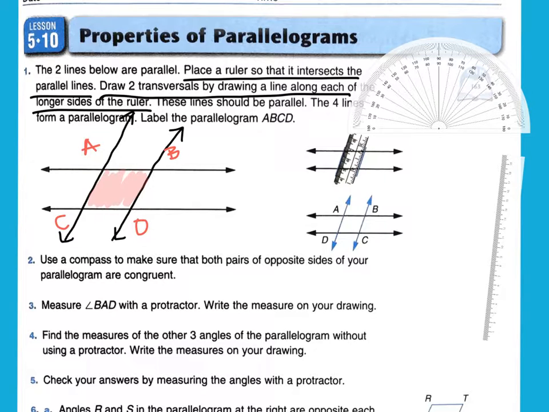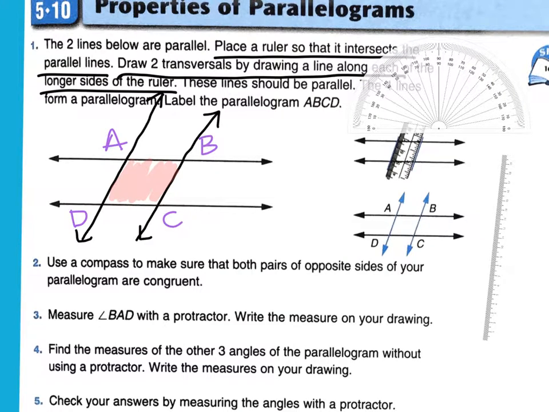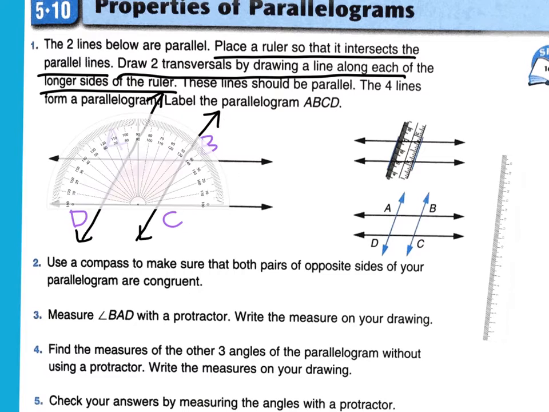So I should have it in this order, A, B, C, D, like that. And the angle that we're supposed to be measuring right now is angle BAD for number 3. So if I start at BAD, we're measuring this inside angle right here. So we're going to grab our protractor and go ahead and measure that.